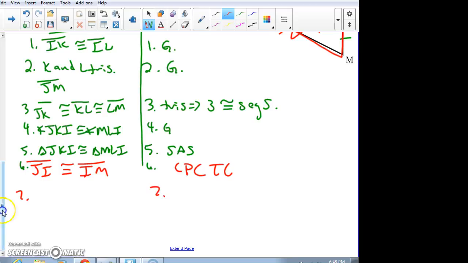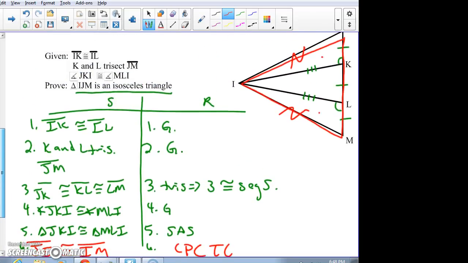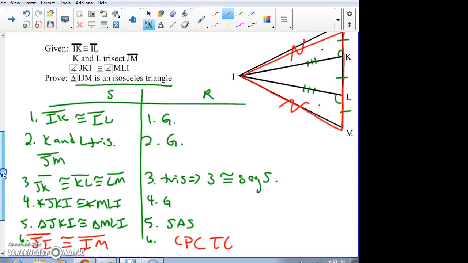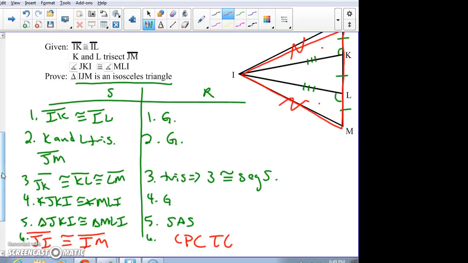So with that out of the way, I think we can just say that this is an isosceles triangle. Triangle IJM is an isosceles triangle. What reason is that? Guess we better add one to our list. You could write isosceles triangle has two congruent segments. You can write definition of isosceles triangle.